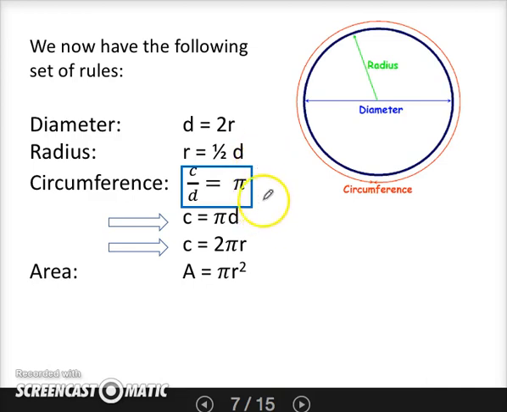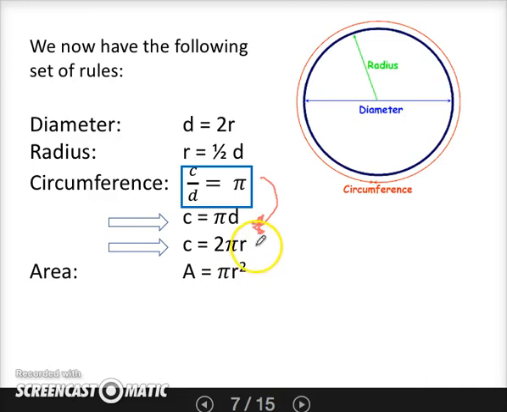Everything comes from this relationship. This relationship here is sort of the mother of them all. Using this, we can rearrange this algebraically to the circumference is pi times the diameter. We get from here to here simply by multiplying both sides of this equation by d.